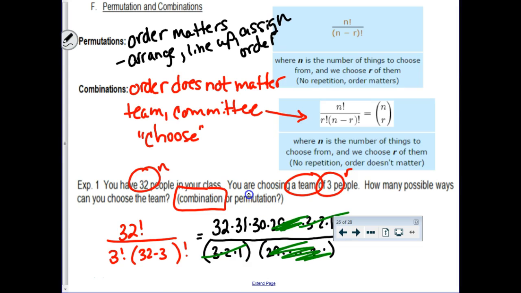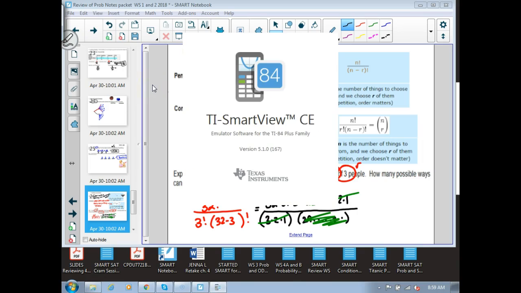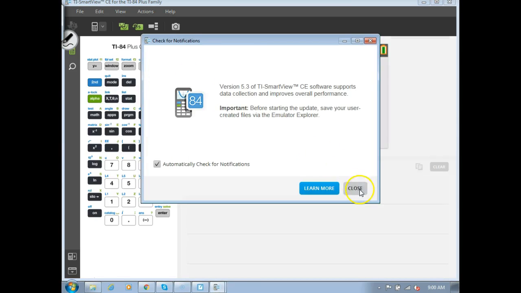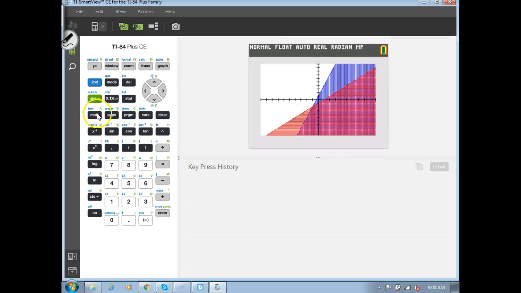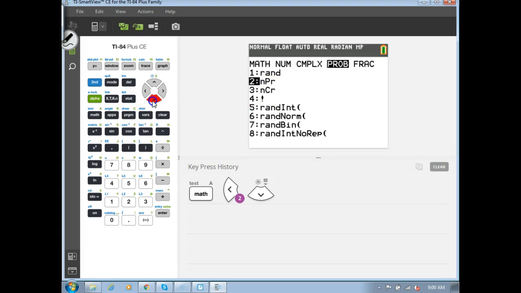So we're going to go to the math menu. You're going to go over to the probability submenu. And then you have a choice of nPr or nCr, nCr being the combination one, so you would move down to number 3 or just select 3.